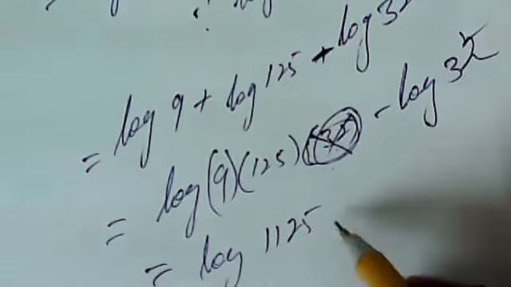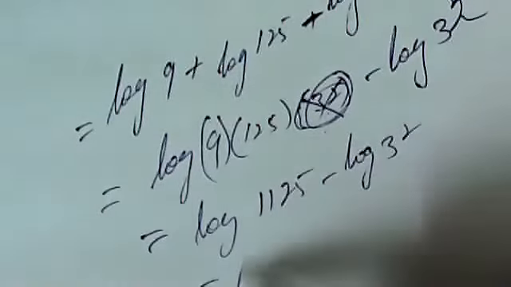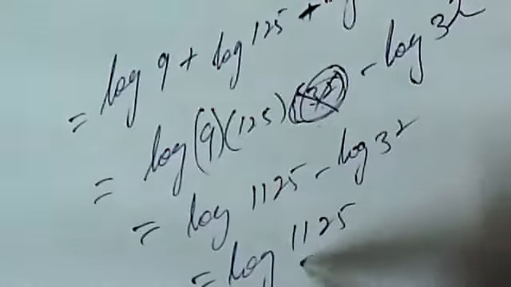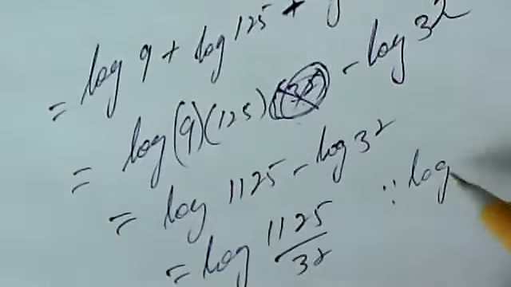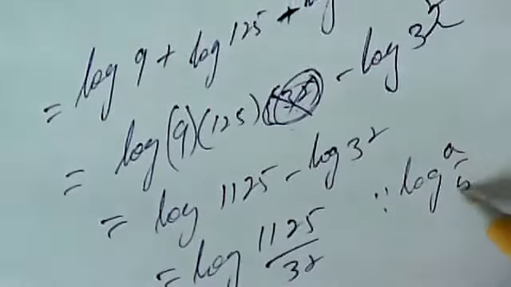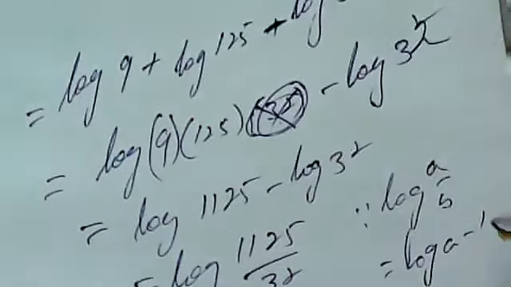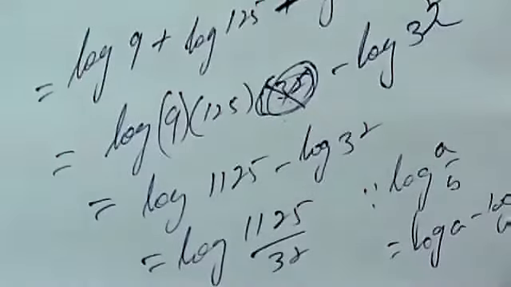So it is going to be log of 1125 by 32, since we have log of a by b equals log a minus log b. So this is the single logarithm.